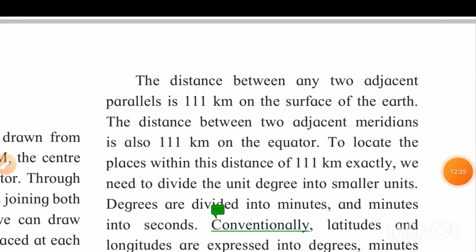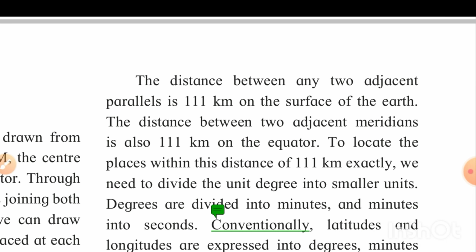The distance between any two adjacent parallels is 111 km on the surface of the earth. The distance between two adjacent meridians is also 111 km on the equator.